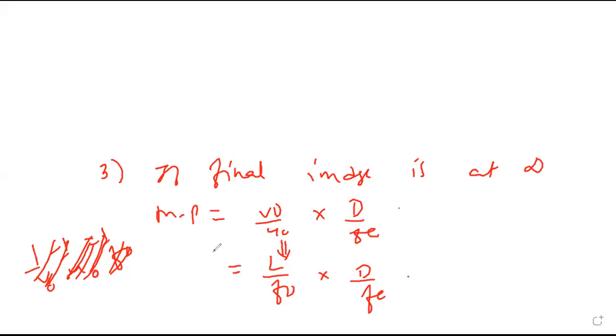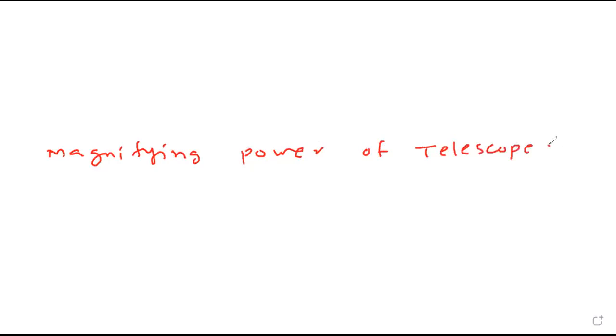Next is magnifying power of telescope. See, in a telescope, we don't have the object at the distance of distinct vision.